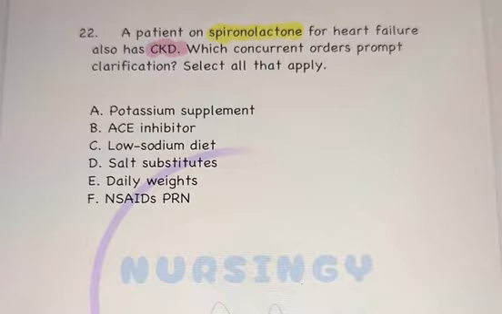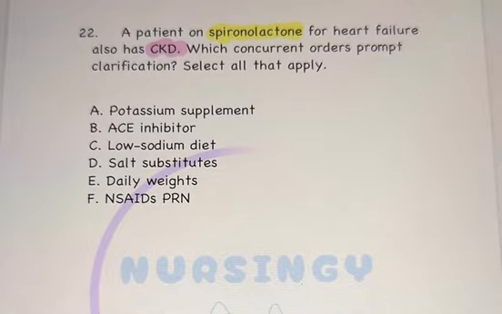So we need to choose which medication. Potassium supplement, and we already talked about spironolactone. It is potassium sparing. We already have higher chances of hyperkalemia.